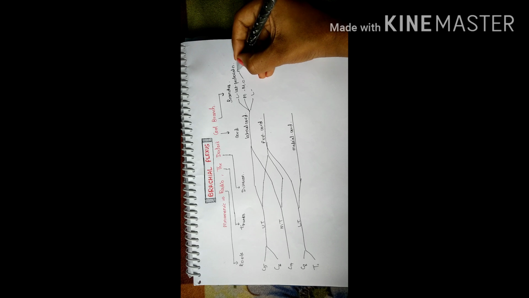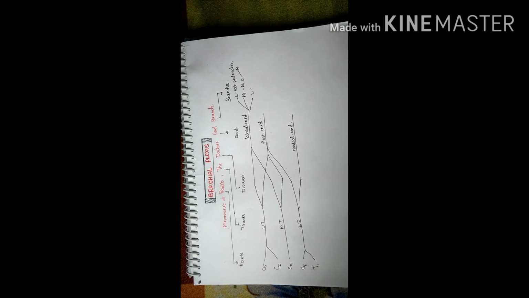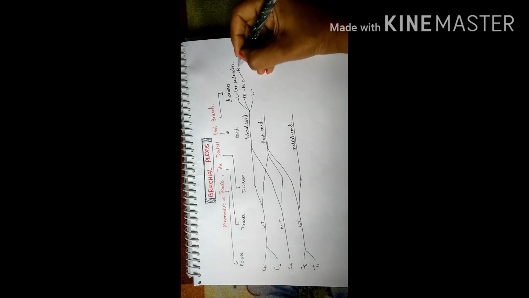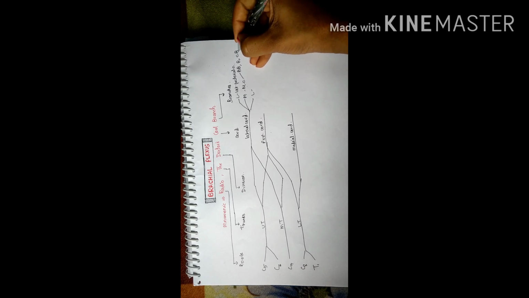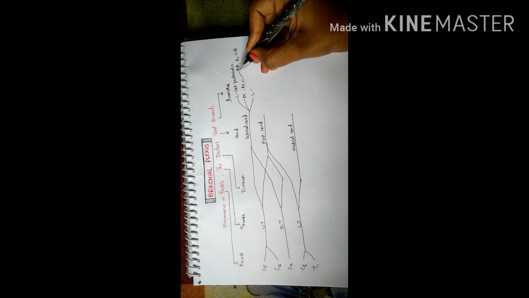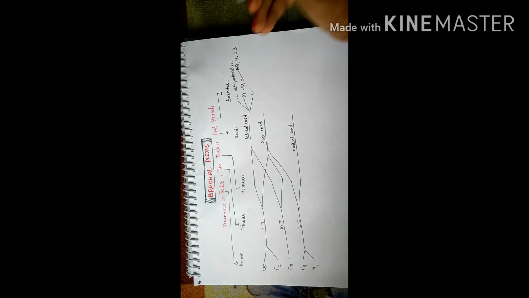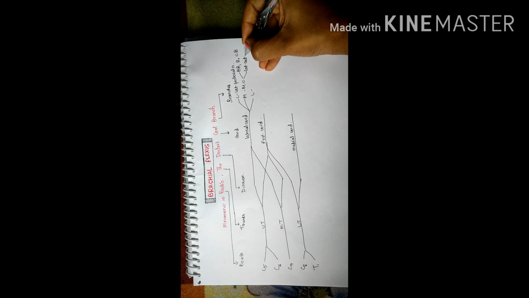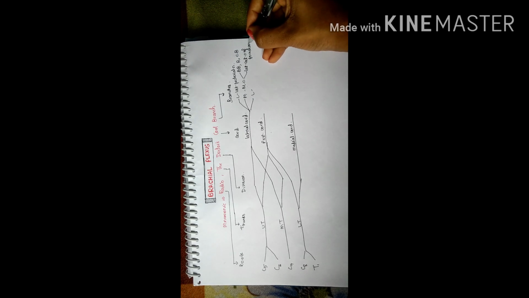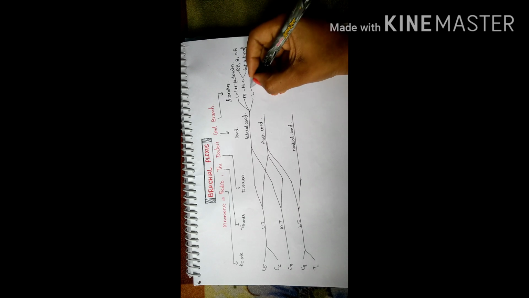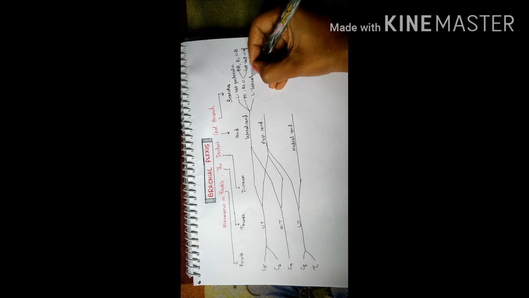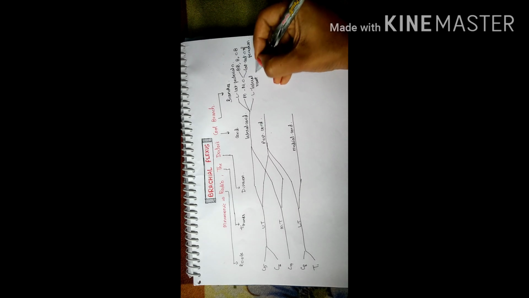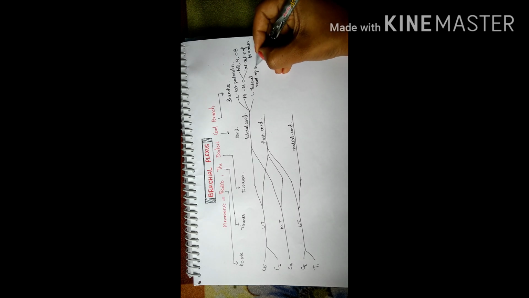The muscles which musculocutaneous supplies are biceps brachii, brachialis and coracobrachialis, all BB. Remember, biceps brachii, brachialis, coracobrachialis, and the cutaneous part is the lateral cutaneous nerve of forearm, and the L is for lateral root of median nerve.